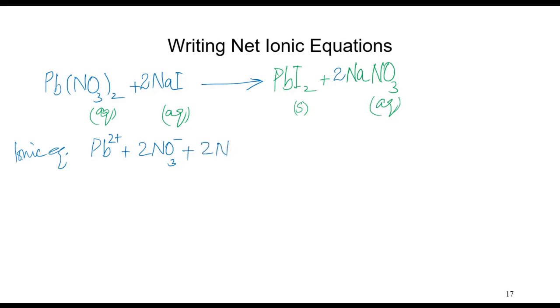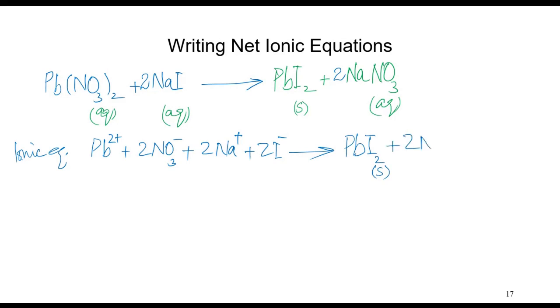How many sodium? 2 Na positive. How many iodine? 2 I negative, iodide ions. Now, how many Pb? 1. And how many iodine? 2. I told you, solid you will not change. It will remain solid.